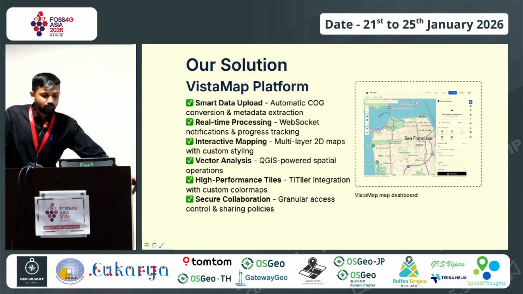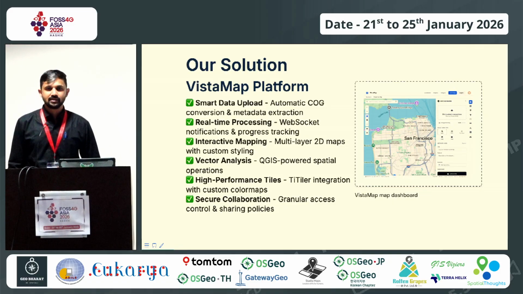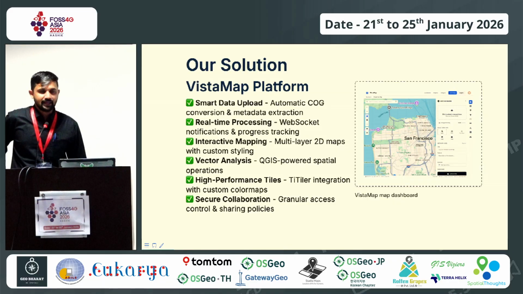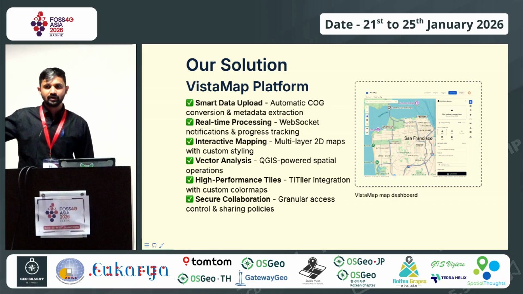And to expose the raster data, this is where a lot of debate had happened, and we decided to go ahead with TiTiler, which is a product available from Development Seed, again a free and open source tool which is written on FastAPI. TiTiler allows you to give the reference or the URL of any raster, which can be either on your computer or stored somewhere on a cloud storage.